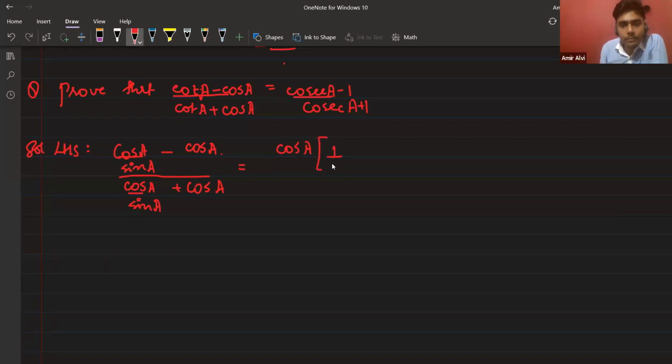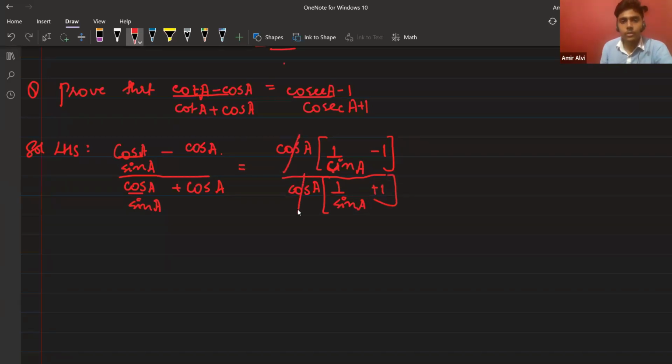So 1 by sine A is left inside this and 1 is left, because if you multiply cos by sin it will become cot, and if you multiply this, it will become minus cos. Yes or no? Yes, sir. Cos A is common in the denominator as well: 1 by sin A plus 1. So can we cancel out this and this? Yes or no? Yes, sir.